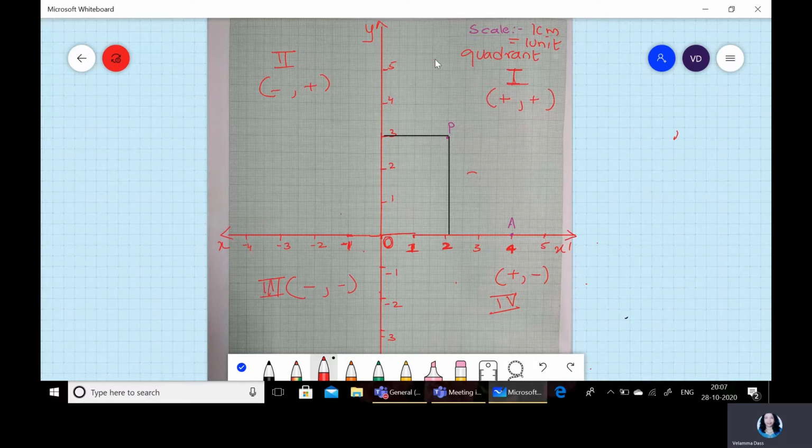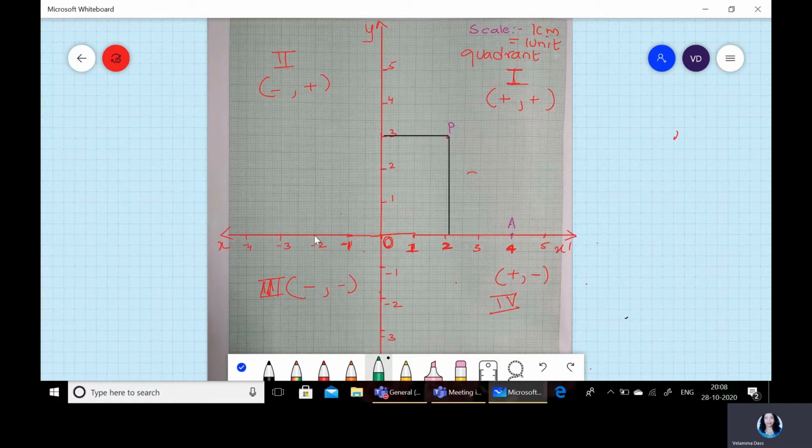As you know that in the first quadrant we have from the right side it is a positive x-axis and above we have positive, so plus plus. In the second quadrant we have the left side of the origin of the x-axis, so that is minus plus. In the third quadrant we have minus minus, both are negative, and the fourth quadrant we have plus minus.